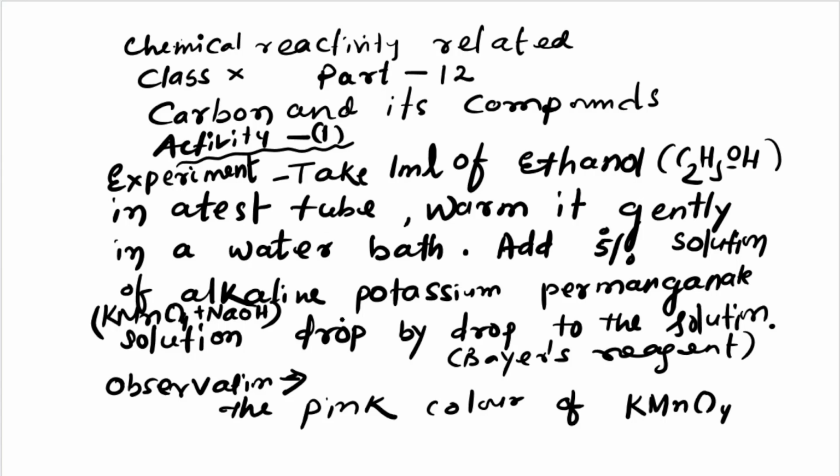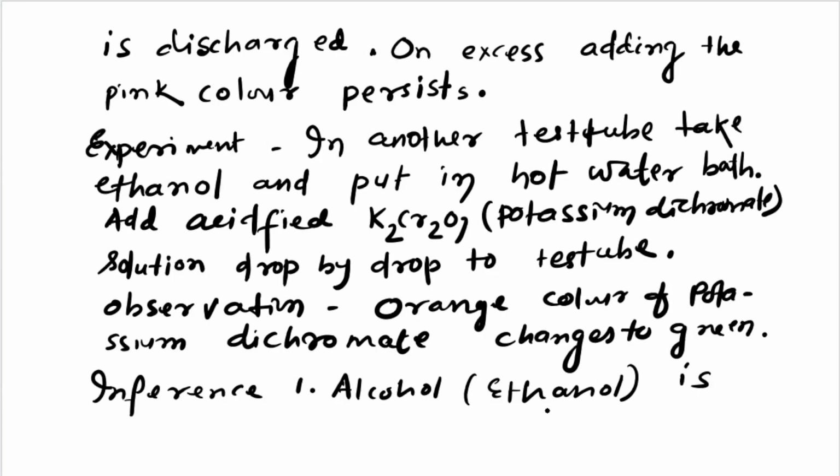Observation: you can observe the pink color. I told you the color of potassium permanganate is pink, and you are adding sodium hydroxide to make it alkaline. The pink color of potassium permanganate is discharged.